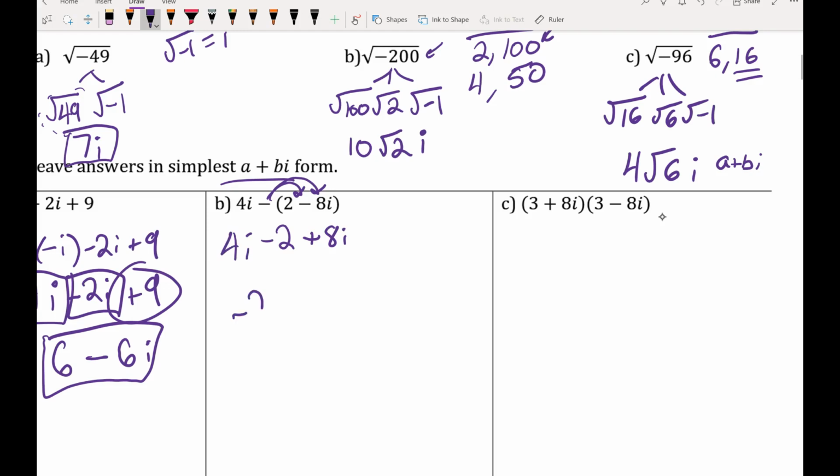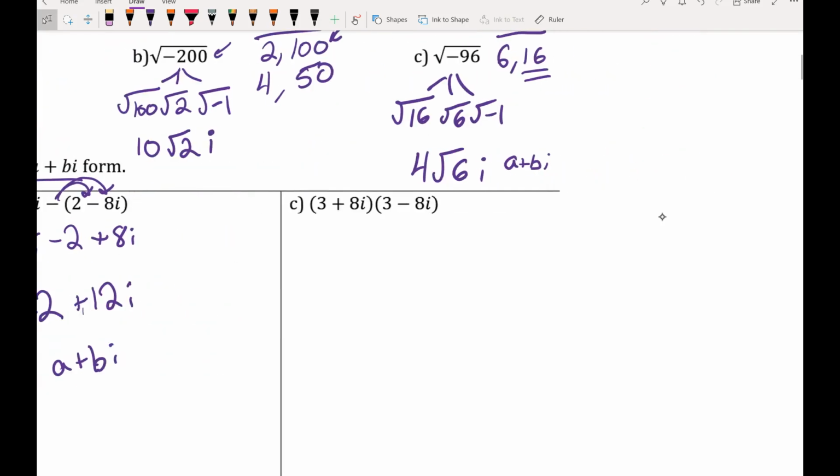From here I can combine like terms again, and I get negative 2 plus 12i. And this is in a plus bi form, remember, so the i term always needs to be in the back. For C, remember that something that looks like this are complex conjugates.